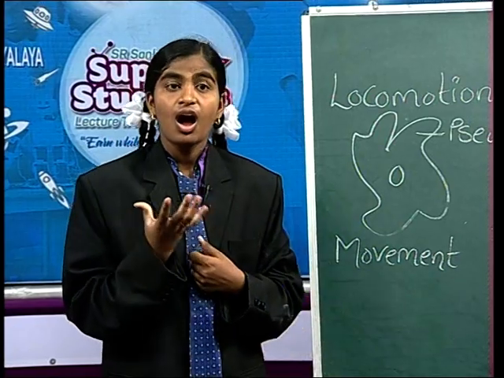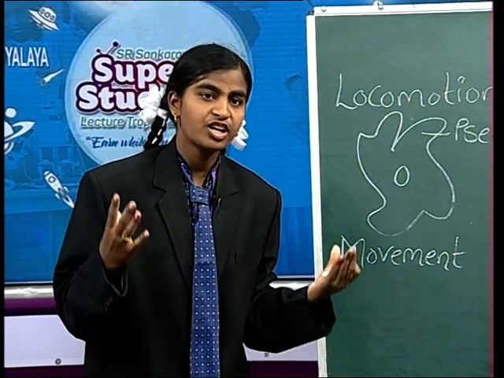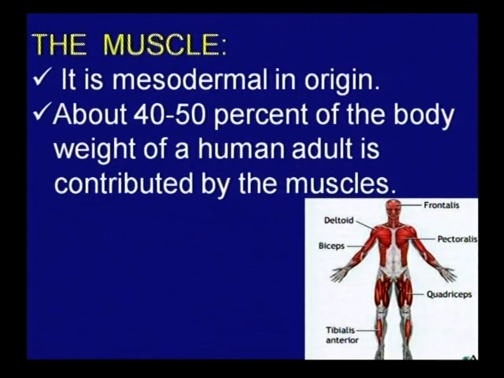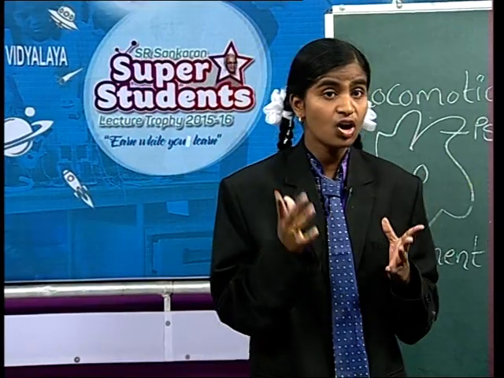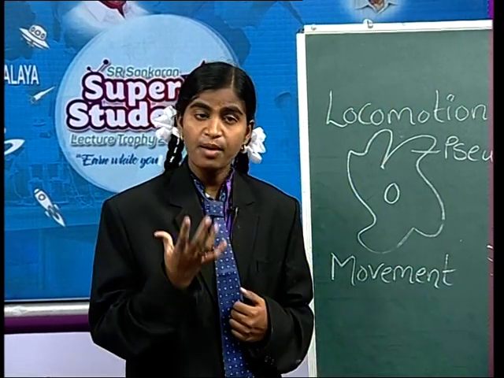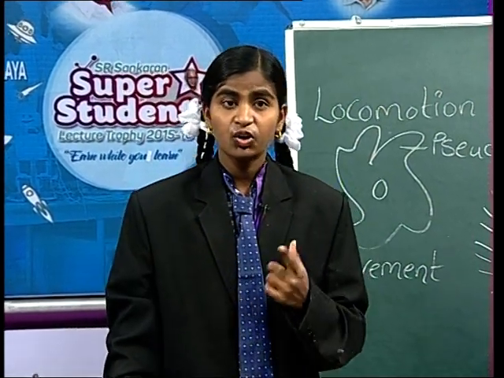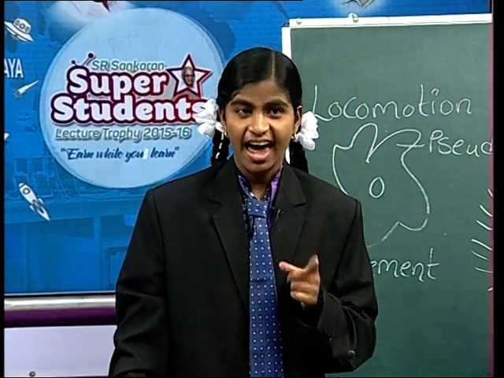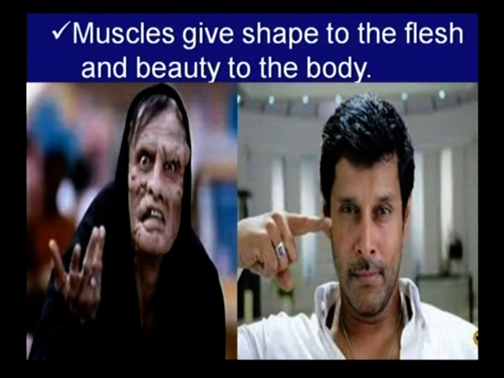Do you know about 40 to 50% of human weight is contributed by muscles, and muscles are of different types. Altogether there are 640 muscles present in a human body. And muscles, friends, did you watch the movie? I think yes. Do you like many movies?